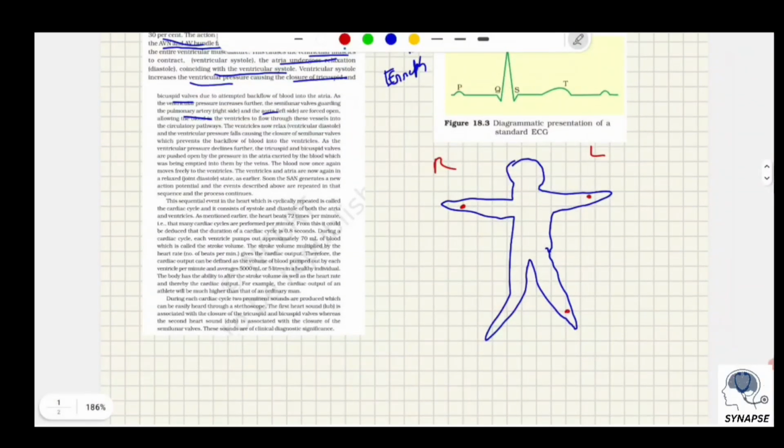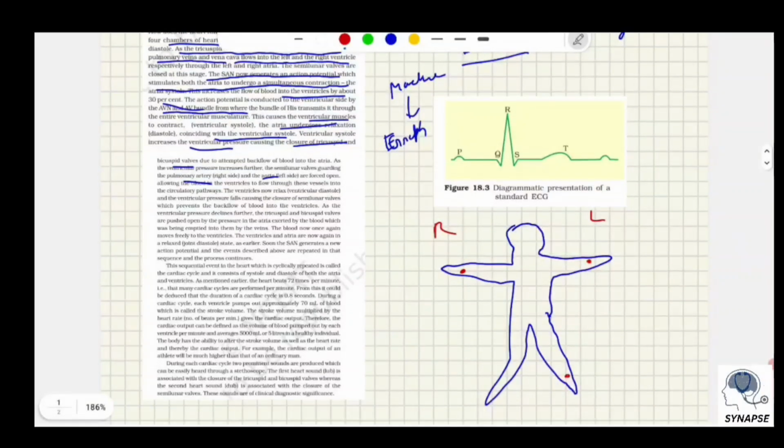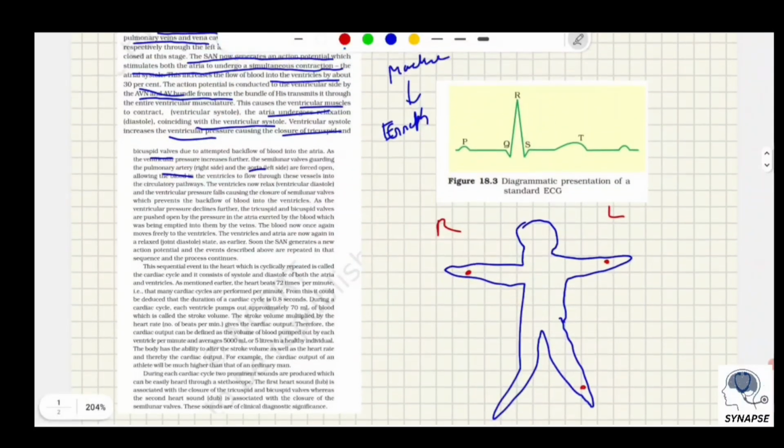I'm telling you what is written in NCERT, because ECG is actually a game of vectors, and the machine takes out certain vector additions, vector resultants. So there are three leads.